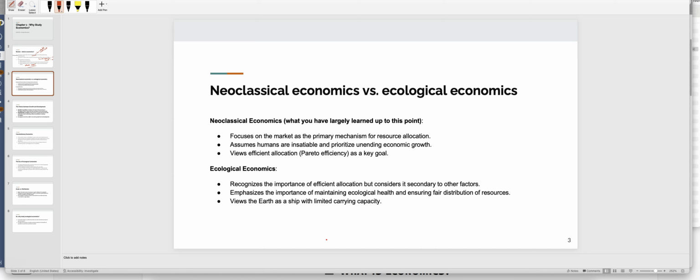In the neoclassical economic theory that you've learned primarily up to this point, we focus on markets and how markets make these decisions, that markets decide whose needs are met.